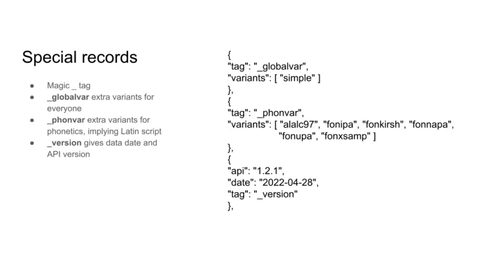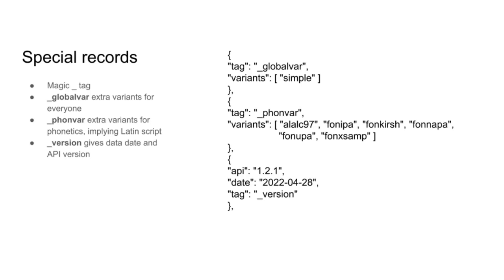And then there's a few housekeeping special records that we have just to confuse you. Each of these has a tag with an underscore in it. The global var is a list of variants that apply for everybody. So everybody has another tag set with dash simple in it. And then there's all the phonetic variants, which is extra variants for phonetics.